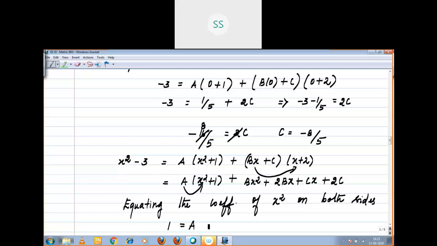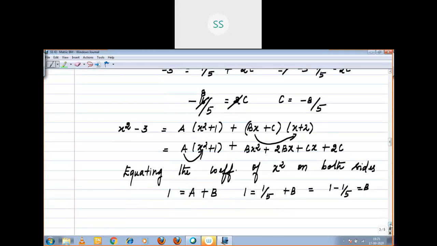The right hand side you arrive at a plus b. 1 equal to 1 by 5 plus b, which is 1 minus 1 by 5 equal to b. It is easy, right? 4 by 5 equal to b. Instead of substituting x values, you can adopt this also.